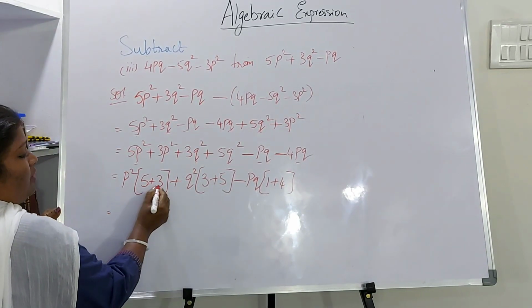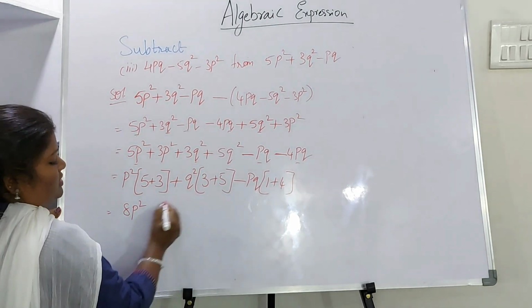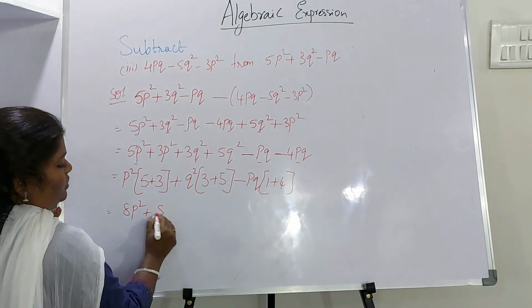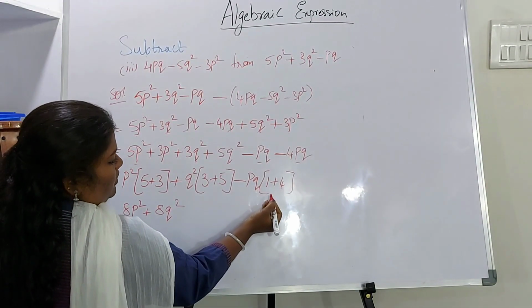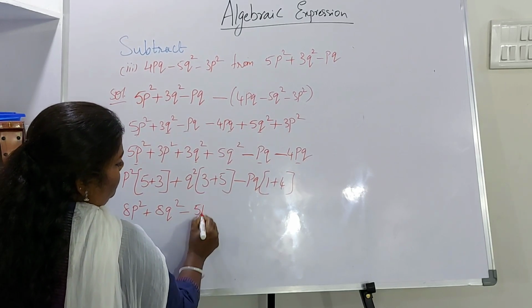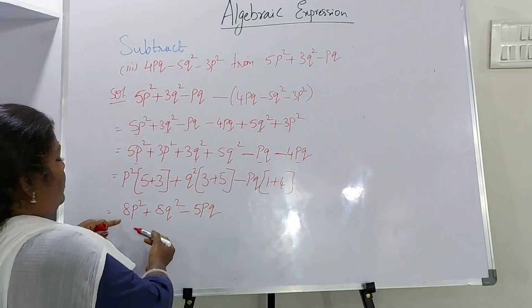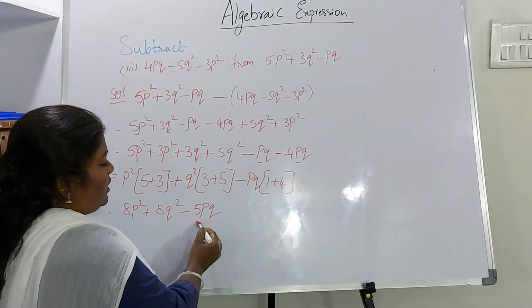So 5 plus 3 is 8p square. Here 5 plus 3 is 8, so 8q square. Now here it is 4 plus 1 is 5 and you have minus, so minus 5pq. We got 8p square plus 8q square minus 5pq.